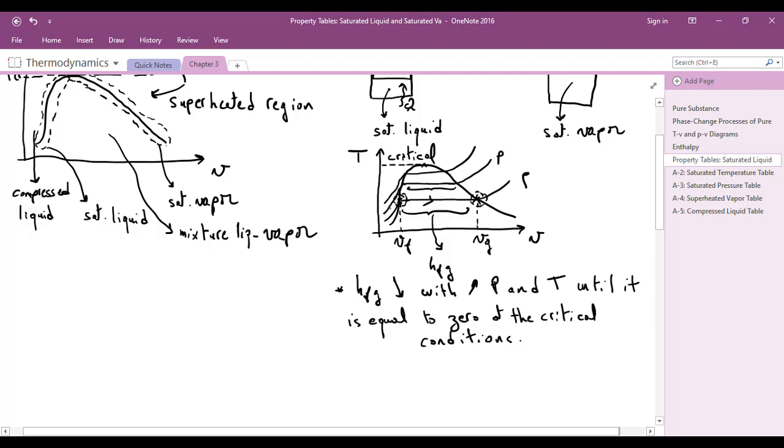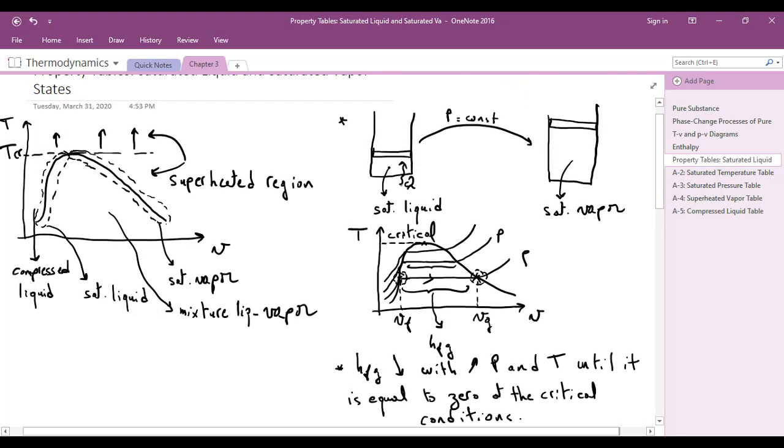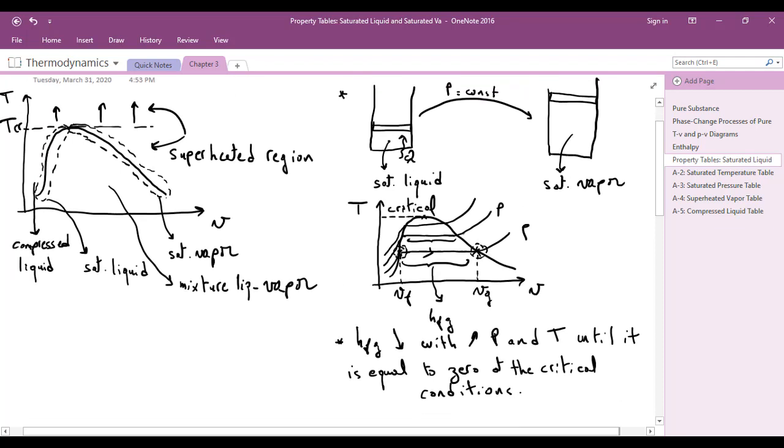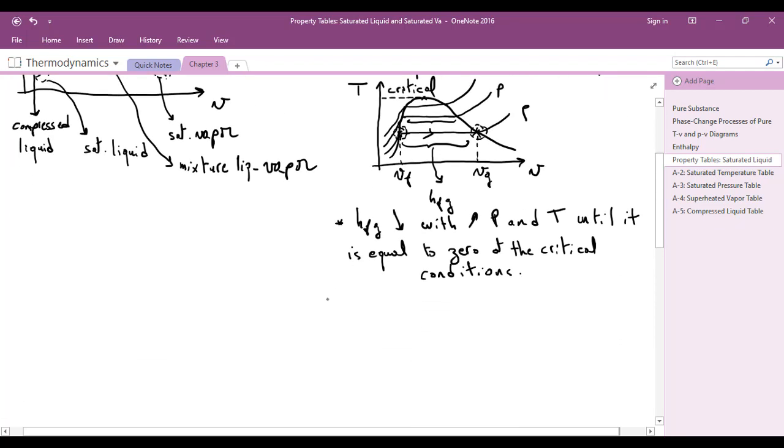So we can derive an expression for Q in terms of enthalpy. Since it is a constant pressure process, we apply the first law: delta U from 1 to 2 equals Q from 1 to 2 minus work from 1 to 2.